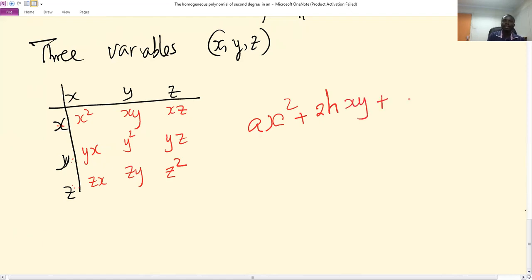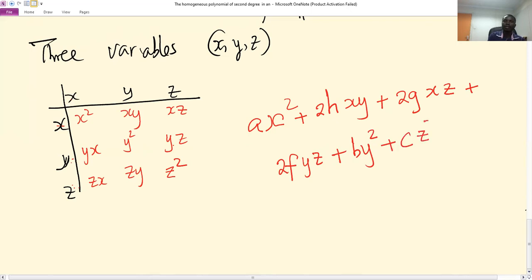This and this are the same, so we write 2g xz, plus this and these are the same, so we write 2f yz, plus this one y squared, we write it b y squared, and then this one we write c z squared. So this is what gives the quadratic form in x, y, and z.